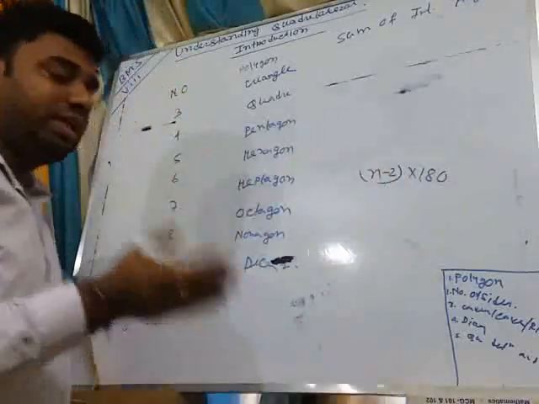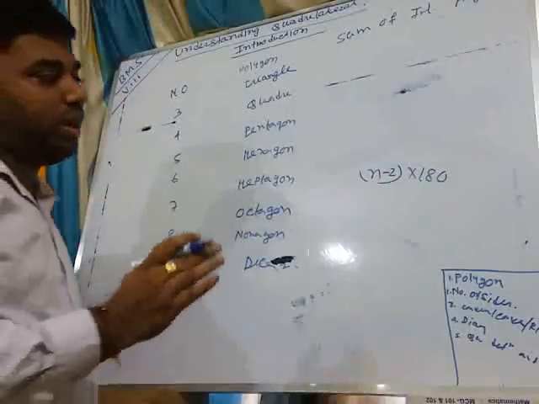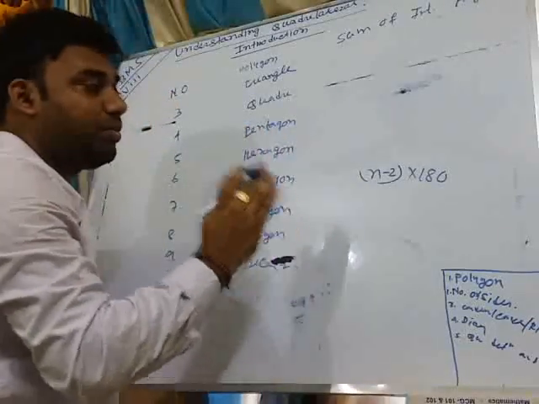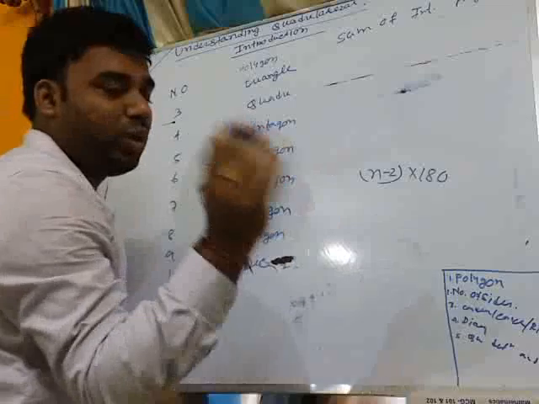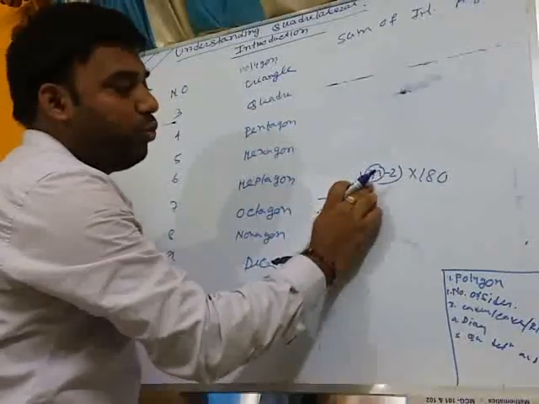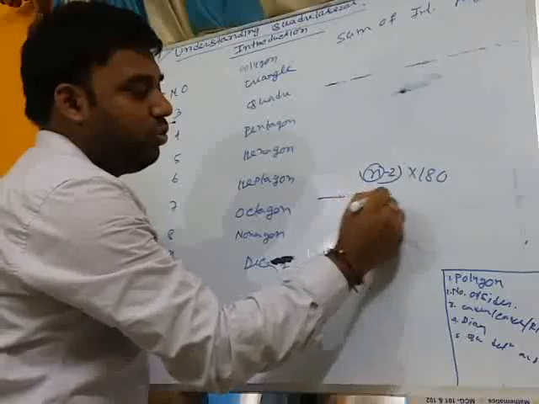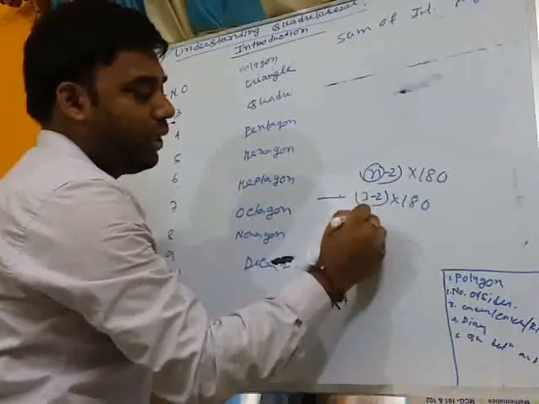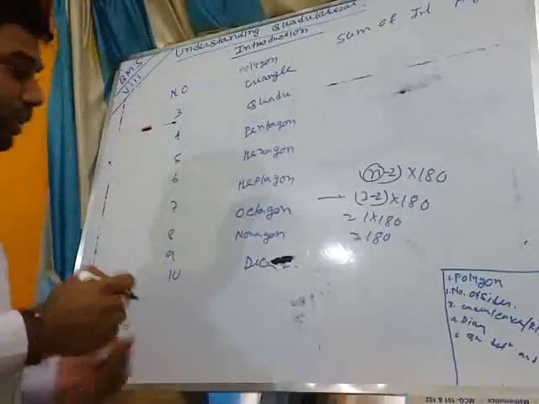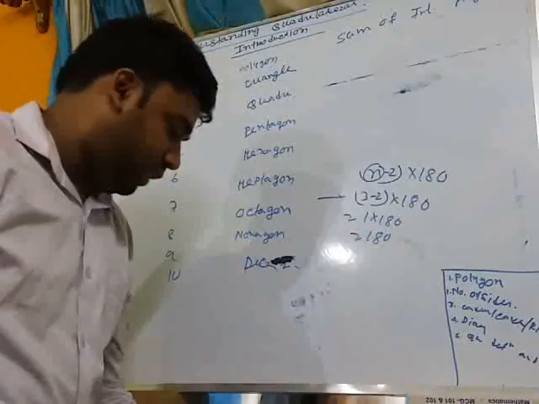In class 6 or 7 we have learned that the sum of the angles of a triangle is 180. Here n is the number of sides. For a triangle, put 3: 3 minus 2 into 180, so 1 into 180, that is 180.